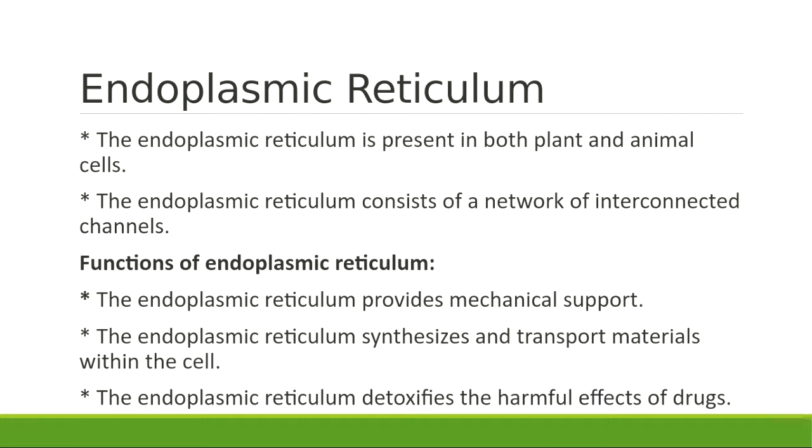The function of the endoplasmic reticulum is to provide mechanical support; the cell should be supported by it. It also synthesizes and transports materials within the cell, and helps in the detoxification of the harmful effects of drugs inside the cell. So it has two main functions, transportation and detoxification, and a third function, providing mechanical support.